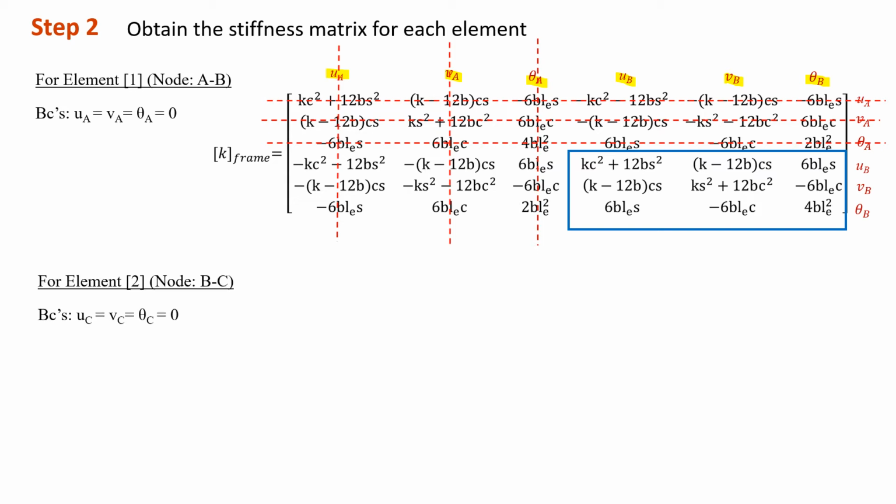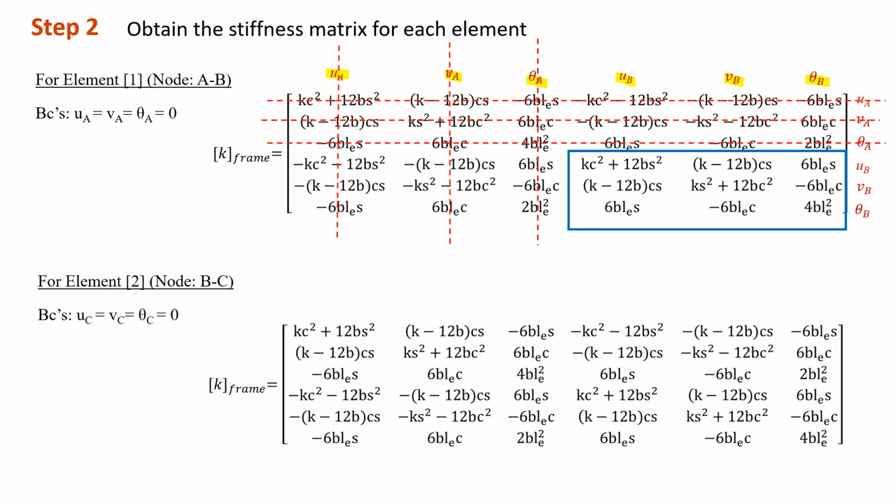While element 2 is between node B and C, and as we decide to connect it from B to C, our columns also start from UB, VB, theta B, UC, VC, and theta C. And then similarly to element 1, we just need to apply the boundary conditions at the beginning so that we can simplify our calculation.